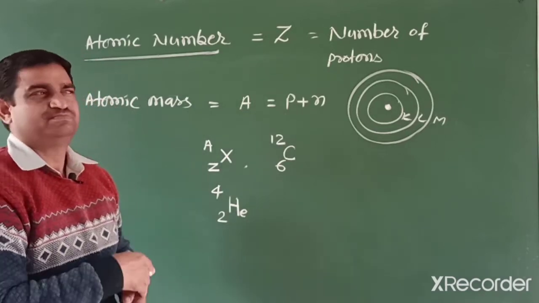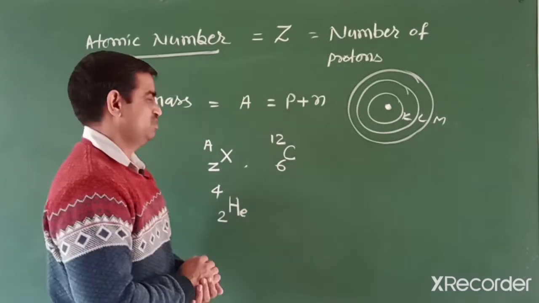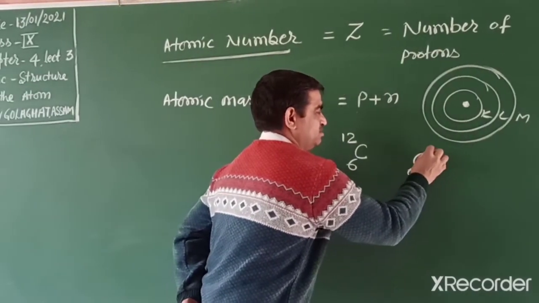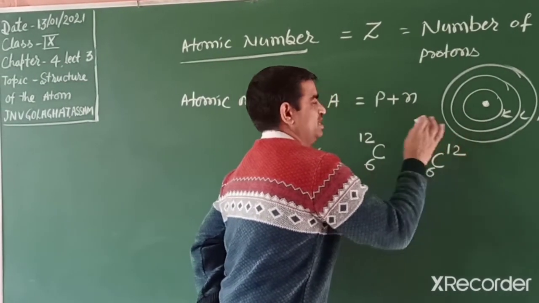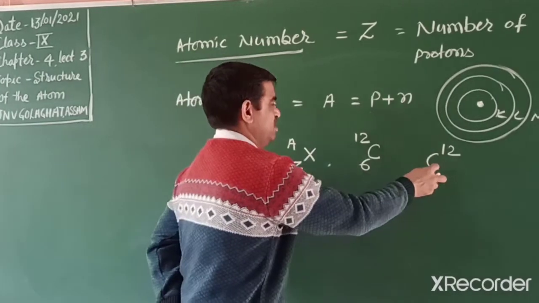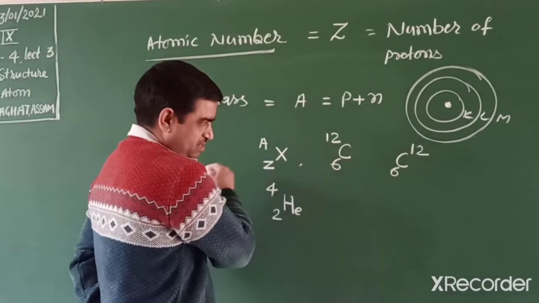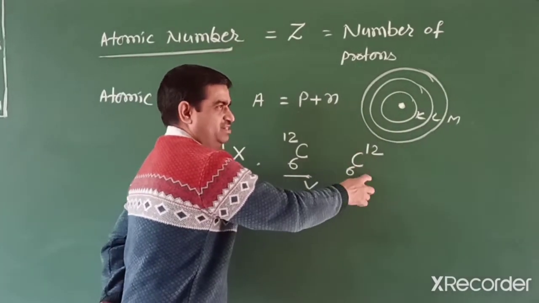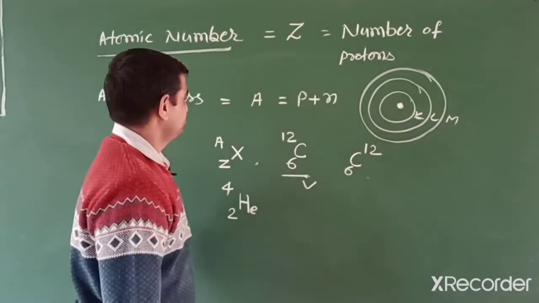In old books you can find it like this also: 6, 12 written on the right side corner, but nowadays we write on the left-hand side. So this one is more correct, though earlier it was written the other way also.